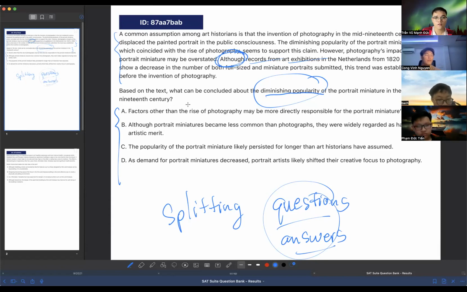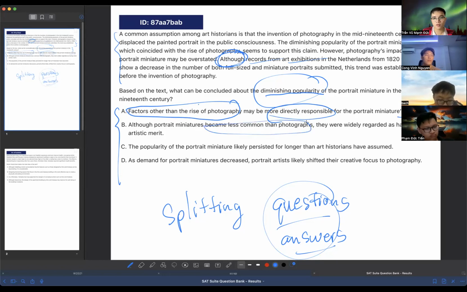So here, factors other than the rise of photography is the first key, or other factors may be more directly responsible for the decline. Secondly, B is: although portrait miniatures became less common than photographs, they were widely regarded as having more artistic merit. So: less common than photographs, widely regarded as more artistic merit.